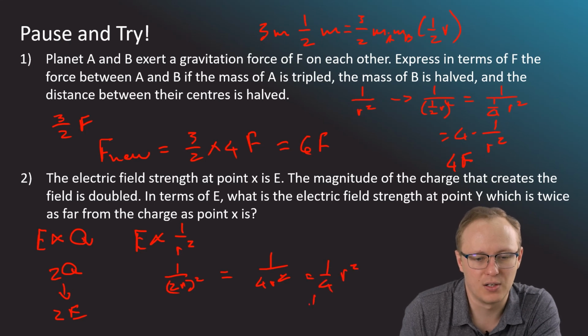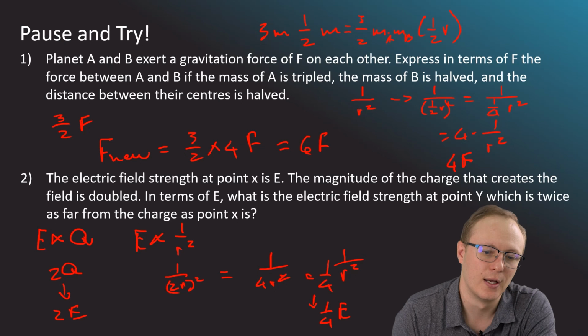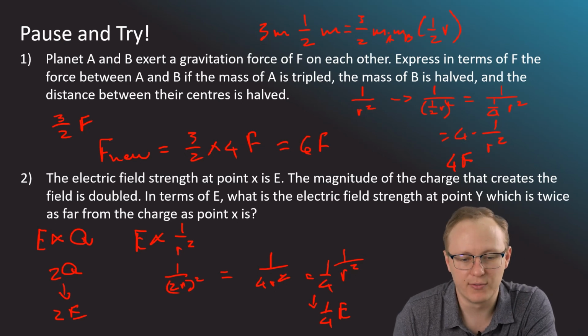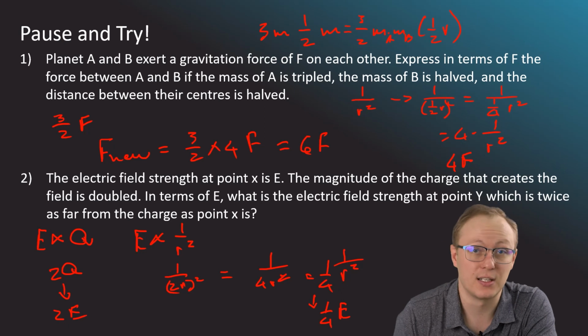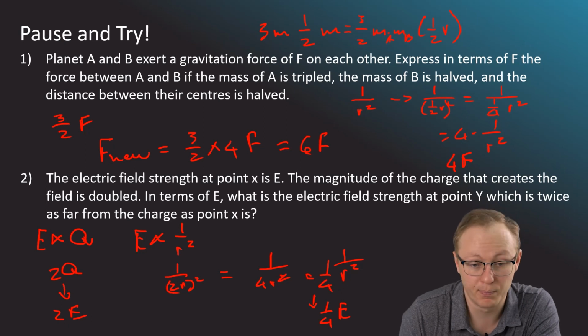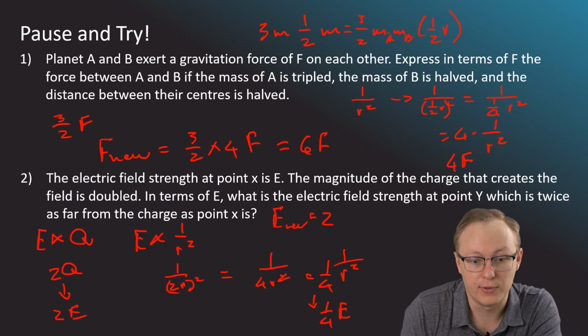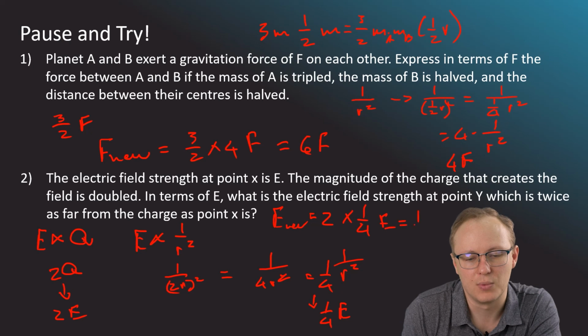That's going to mean we go to a quarter E. So changing the charge doubled E, doubling the distance divided E by a factor of 4. If we combine the two things, the new E is going to be 2 times 1 over 4 times E, which is going to be a half E.